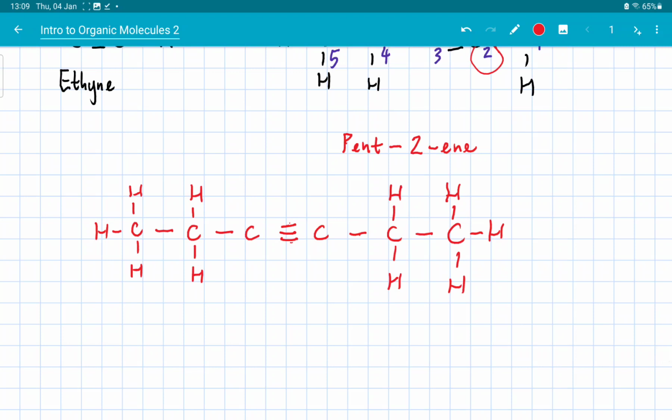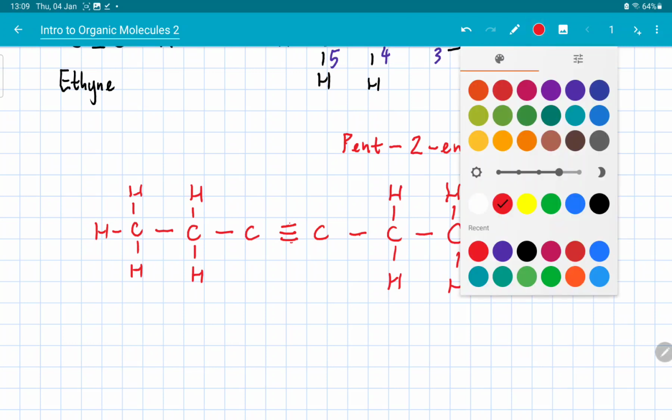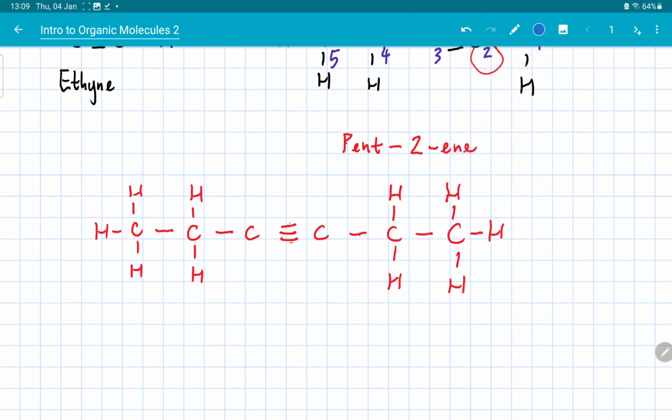If you look at this molecule, it has 6 carbons. Also, it's symmetrical. It means left hand side and right hand side are the same. Even if I count starting from the right or from the left, the first carbon that contains the double bond should be the same number. 1, 2, 3, 4, 5, 6.